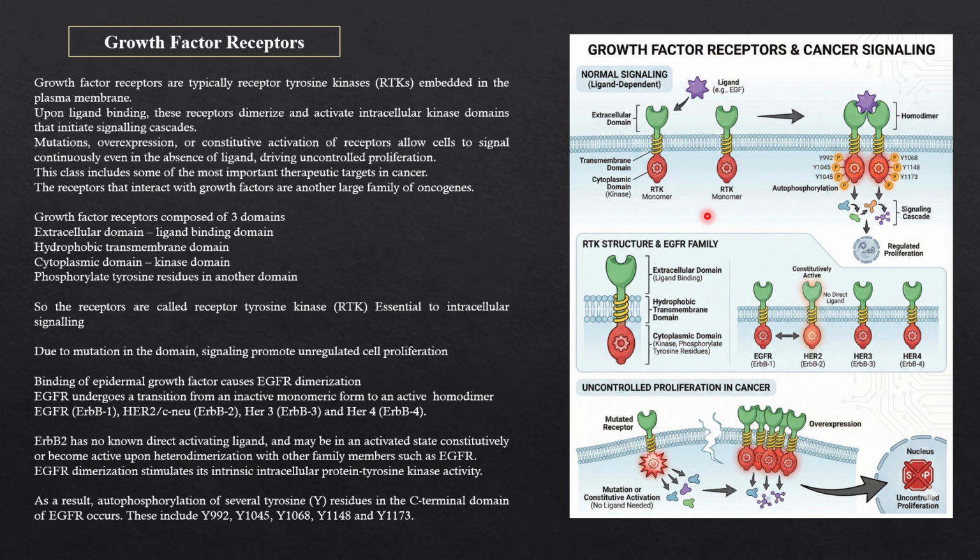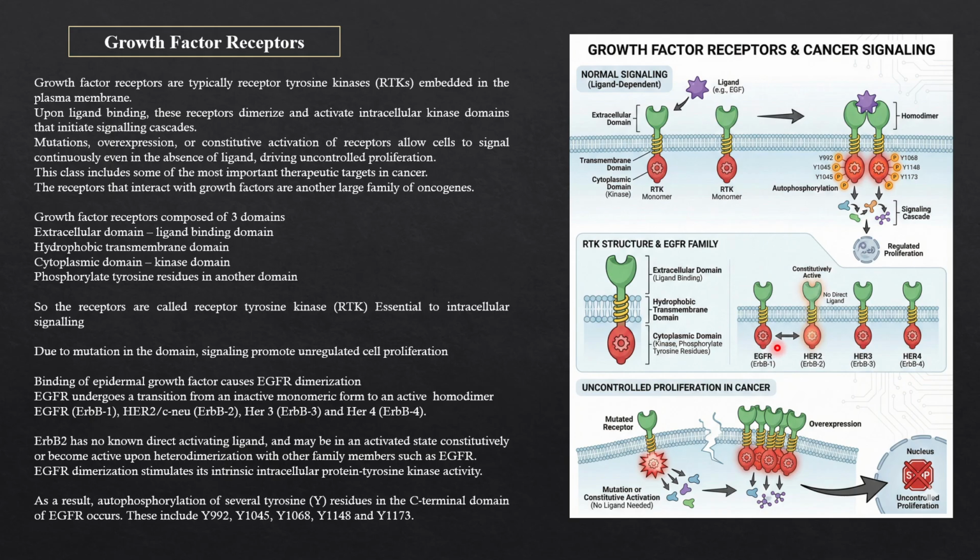Due to mutation in the domain, the signaling promotes unregulated cell proliferation, and autophosphorylation can result in signaling cascades, which further regulate the proliferation. So these three domains basically constitute the receptor tyrosine kinase of the growth factor receptors.